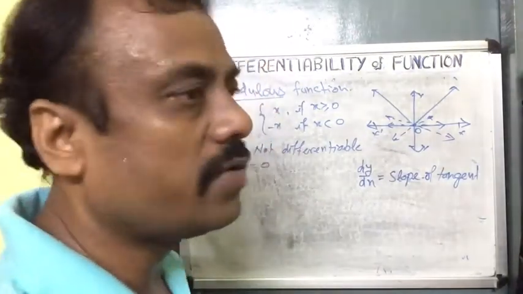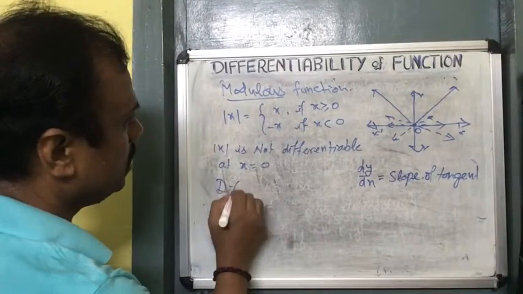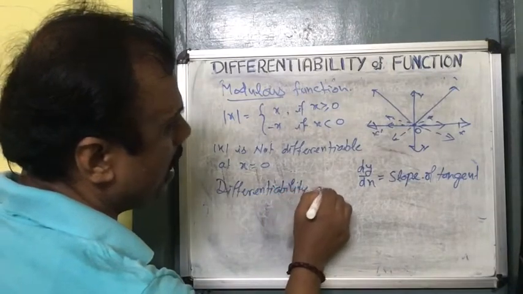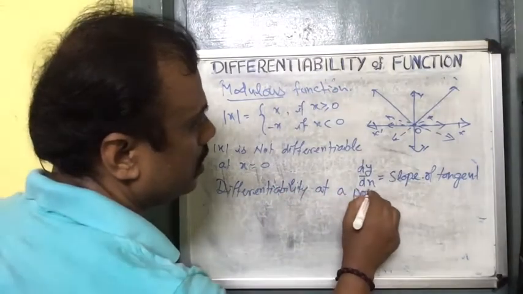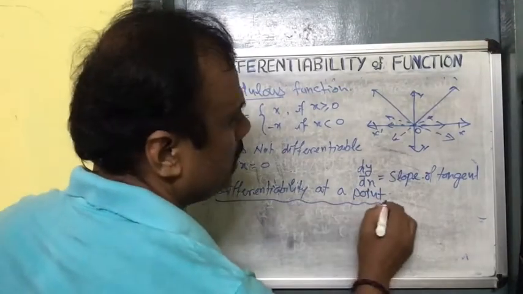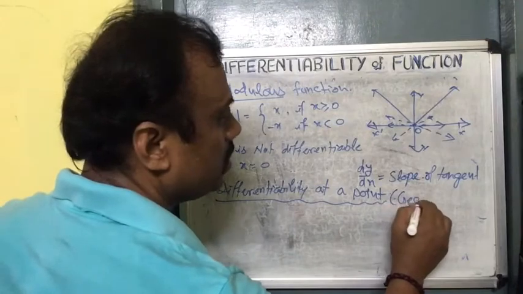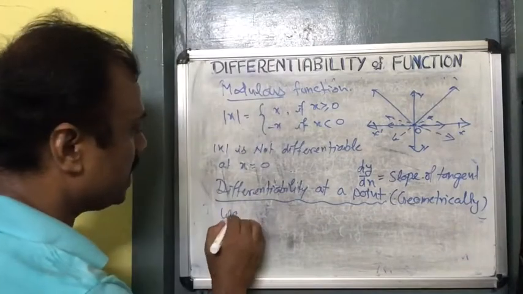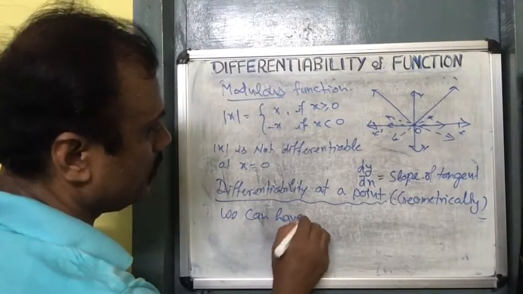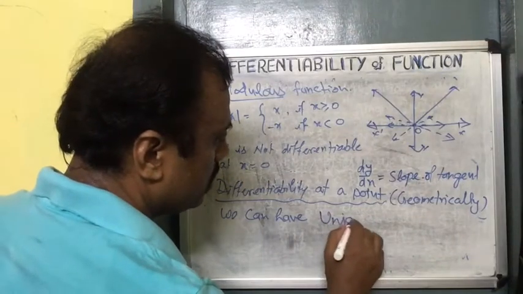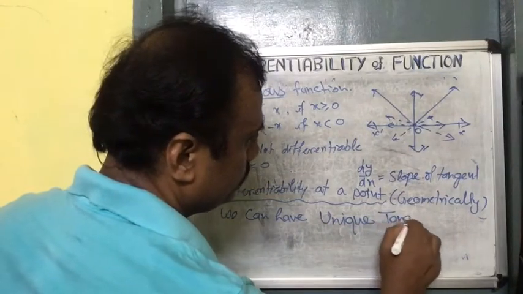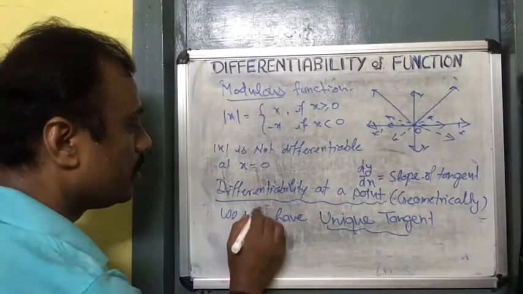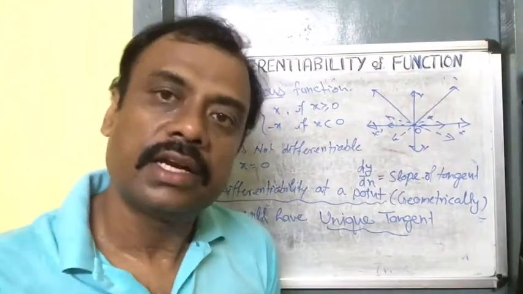So the meaning of differentiability at a point, its geometrical meaning, geometrically we will have a unique tangent at that point.